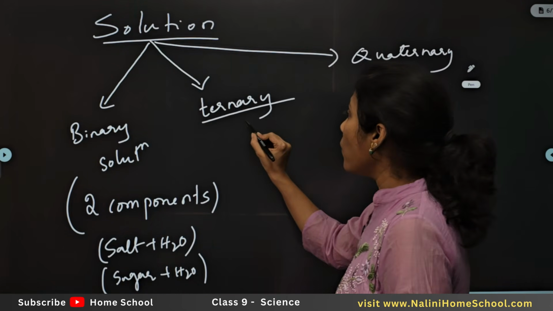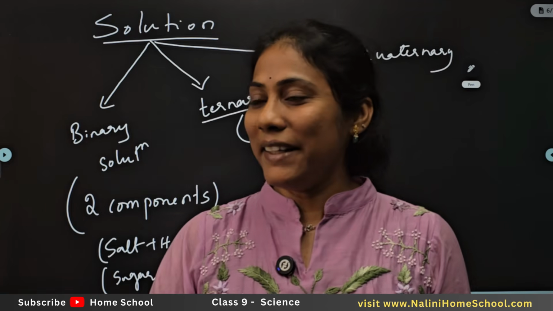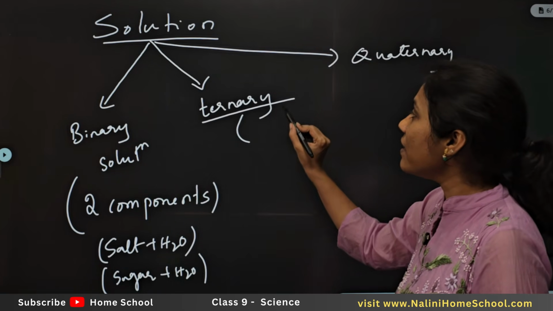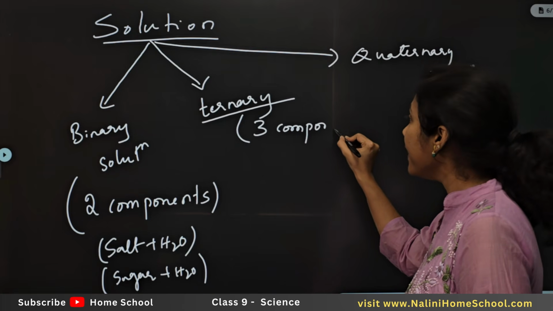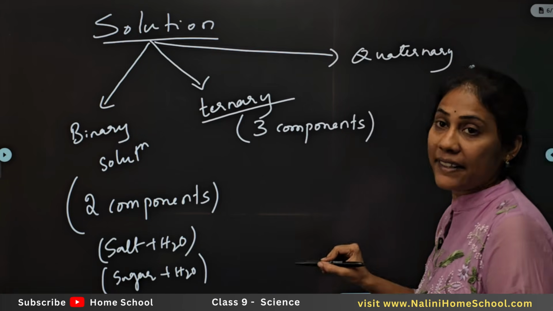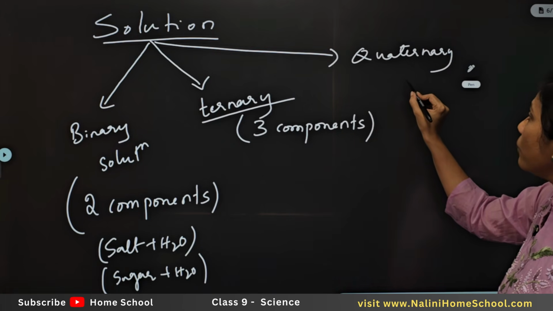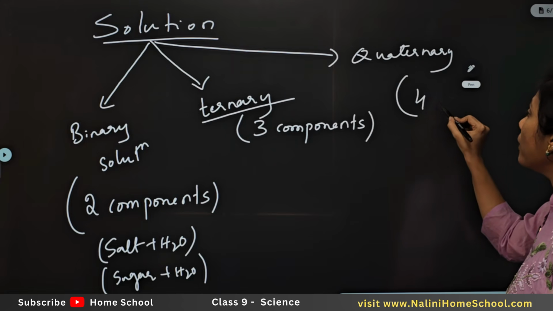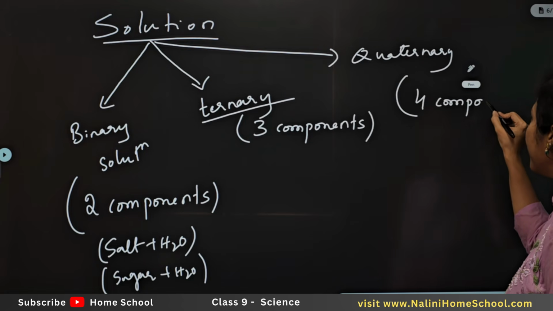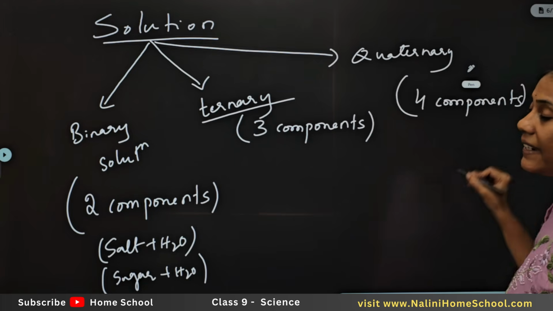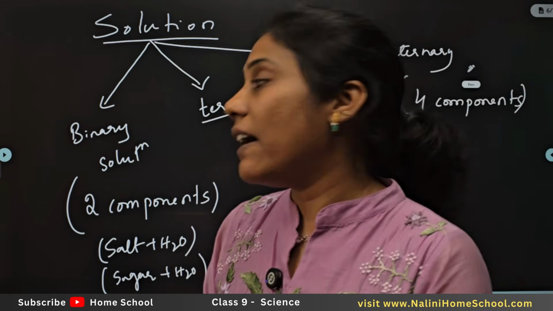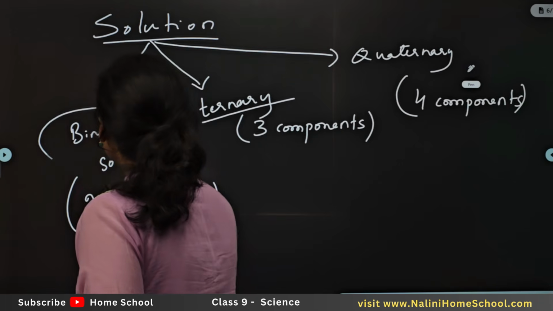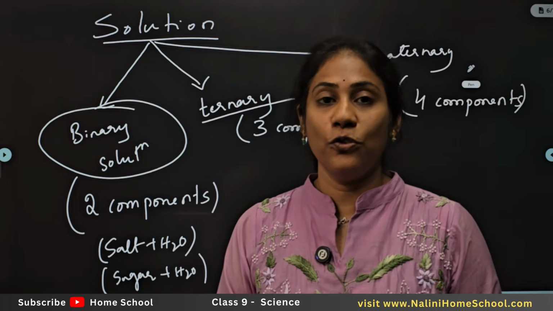You can guess what the ternary solution might be, right? A ternary solution has three different substances in it. Similarly, a quaternary solution has four components or four substances in it. But in our chapter, we limit our study only to binary solutions.